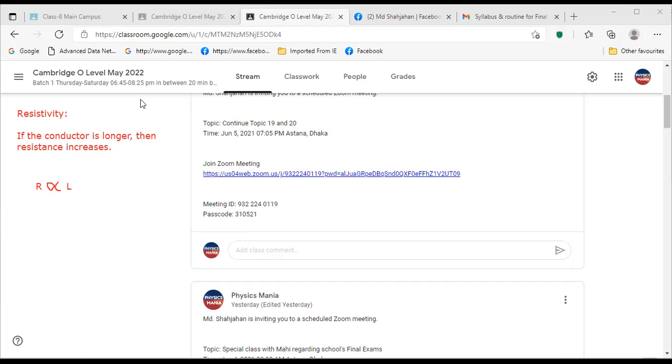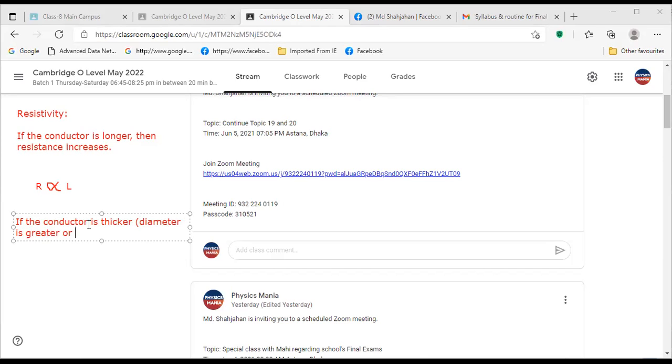If the conductor is thicker, thicker means diameter is greater, or cross-sectional area is greater.